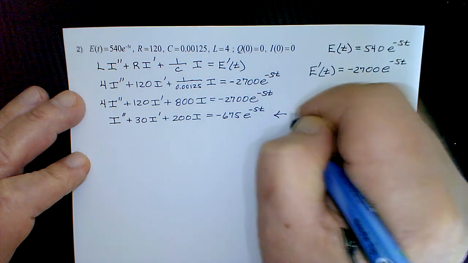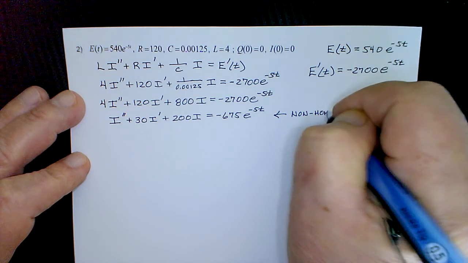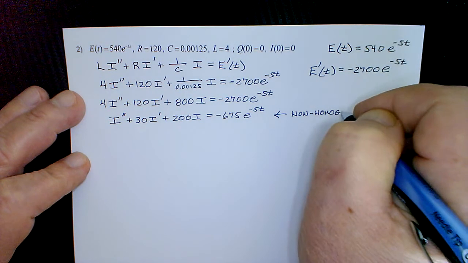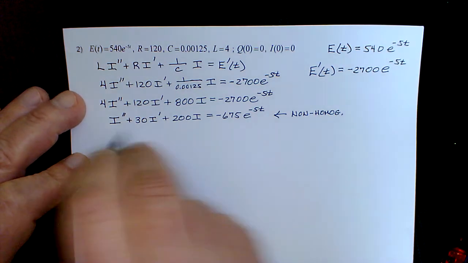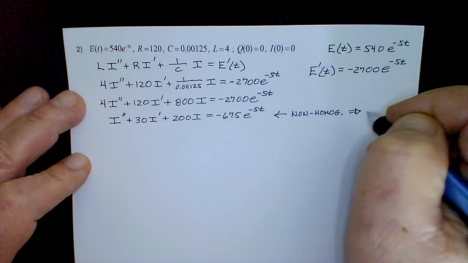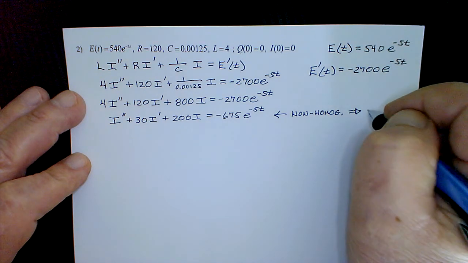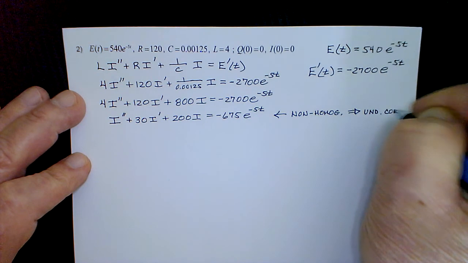Alright, and this is a non-homogeneous second order linear differential equation with constant coefficients. And so in order to solve that, we need to use the method of undetermined coefficients.